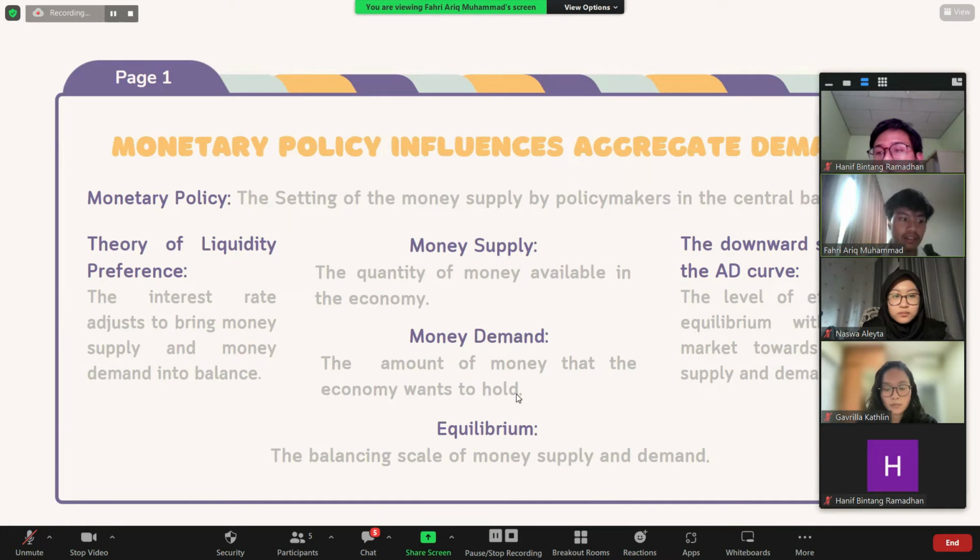The downward slope of the aggregate demand curve: it is the effect of an equilibrium within the market on money supply and demand. The implication of equilibrium could be a higher price level, which raises the money demand. Higher money demand leads to a higher interest rate, and a higher interest rate reduces the quantity of goods and services demanded.